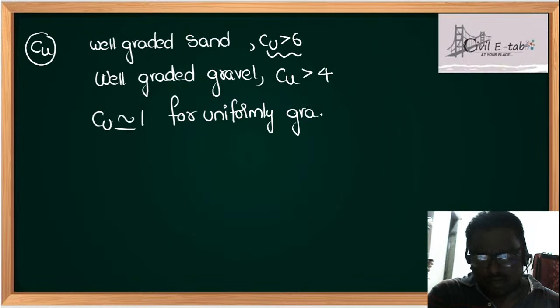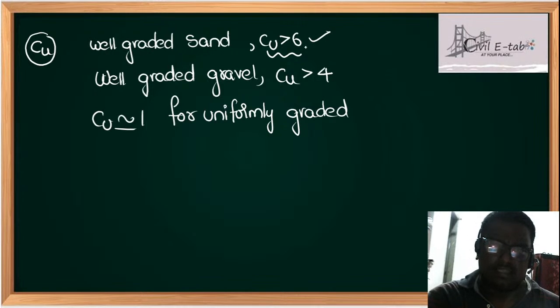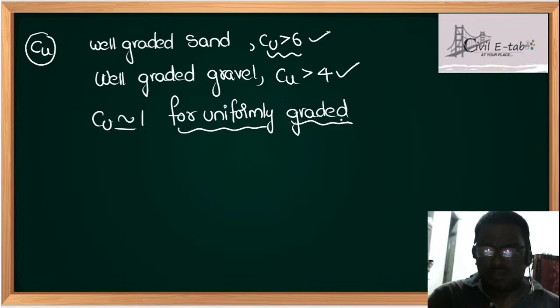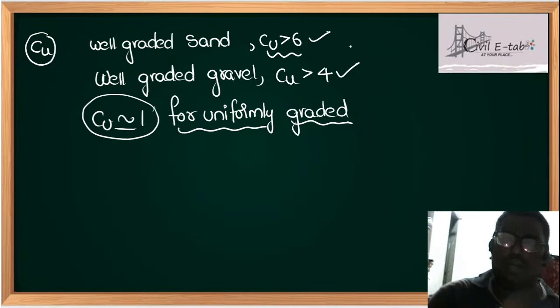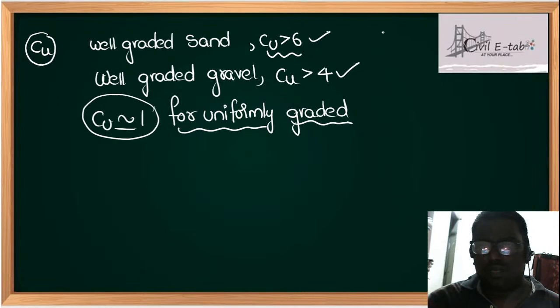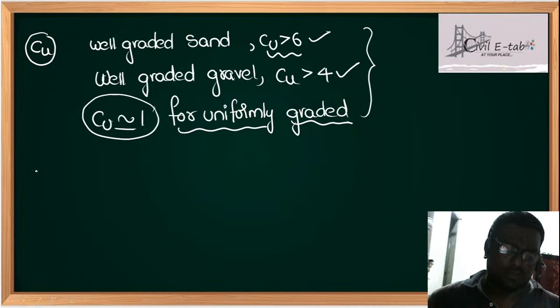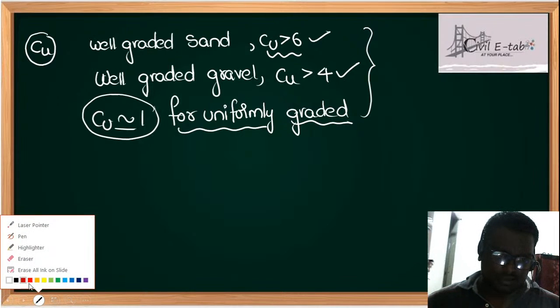For now you remember this: well graded sand means Cu greater than 6, well graded gravel means Cu greater than 4, and for uniformly graded soil, Cu is approximately equal to 1. So this is what you need to know about Cu and the grades of the soil. Am I clear, students?